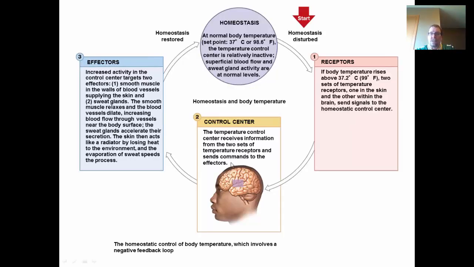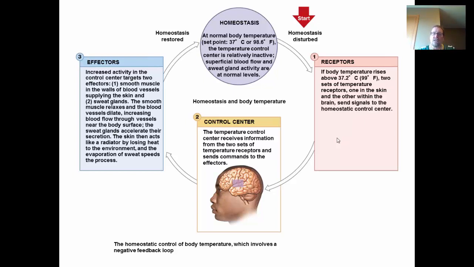Here's an example talking about body temperature. Normal body temperature is about 37 degrees. Relatively inactive. You can do some stuff, but that homeostasis is disturbed. If the body temperature goes above 37 degrees, okay, skin and other activities, you know, your skin, the vessels will dilate to release more heat, get it closer to the skin so more heat can be released.